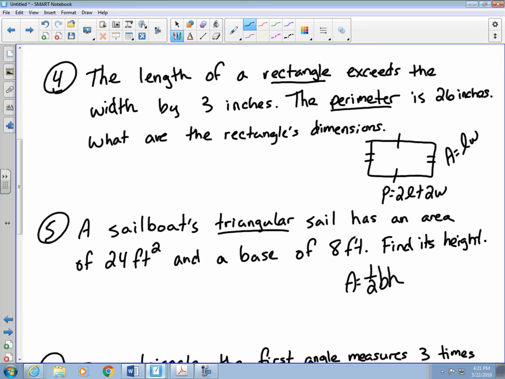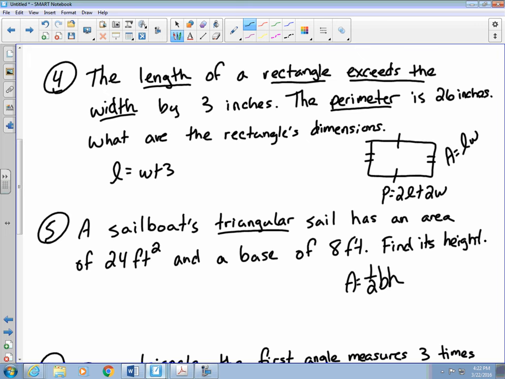Now, something I wanted to point out is the wording here. We have the length of a rectangle exceeds the width by 3 inches. That tells me my length is going to be 3 inches longer than my width.